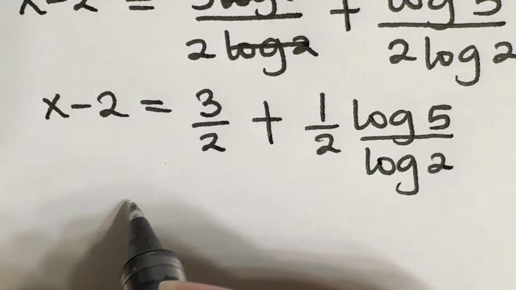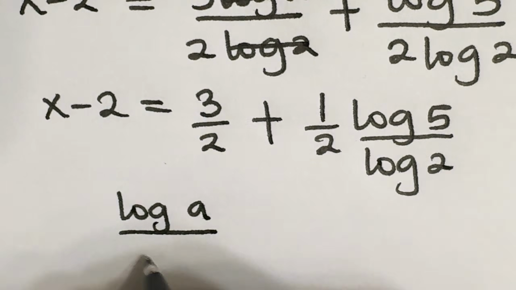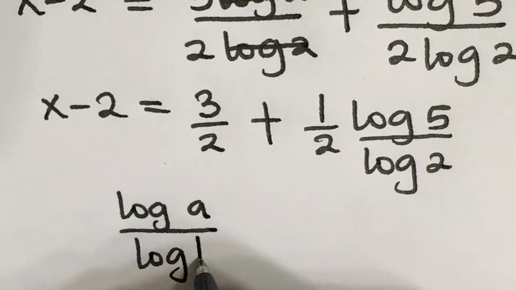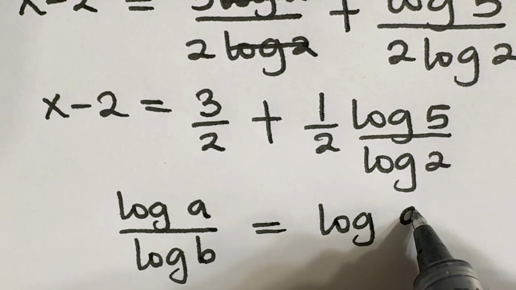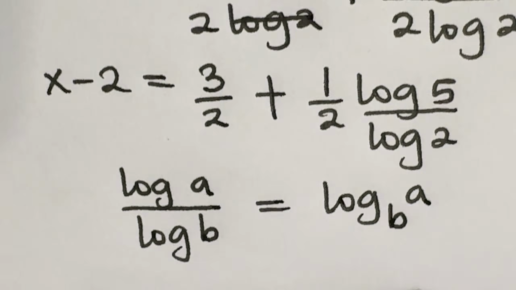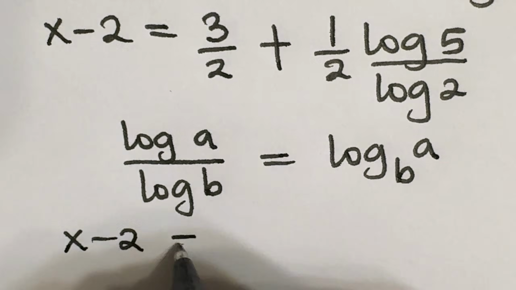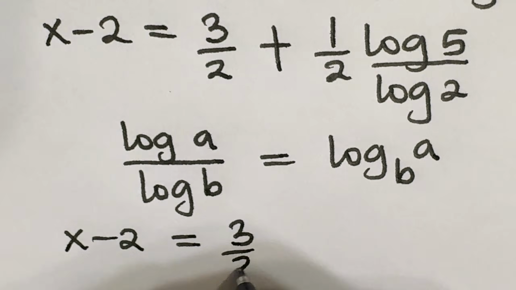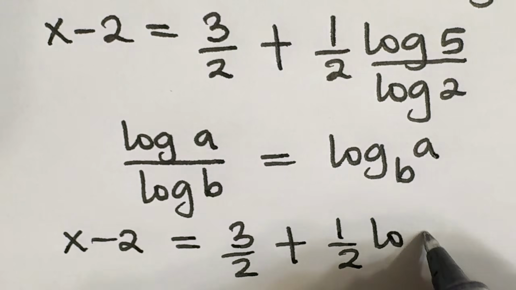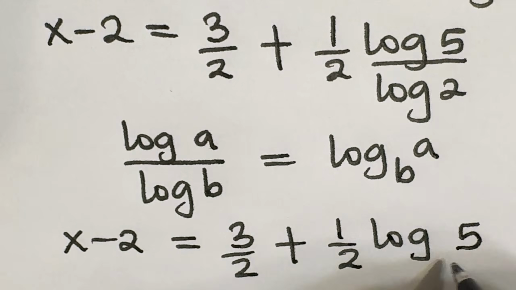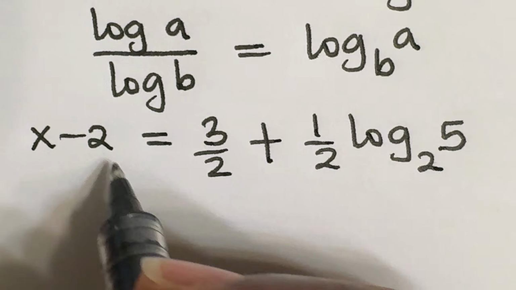Log 5 divided by log 2 is of the form log a divided by log b, and by law of logarithm, this will give us log a base b. So x minus 2 is equal to 3 over 2 plus 1 over 2 log 5 base 2.